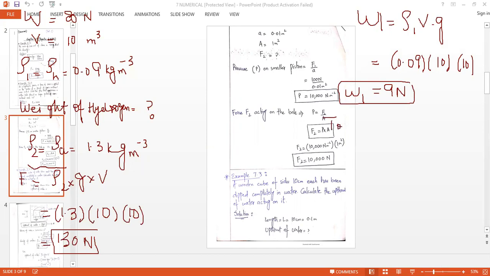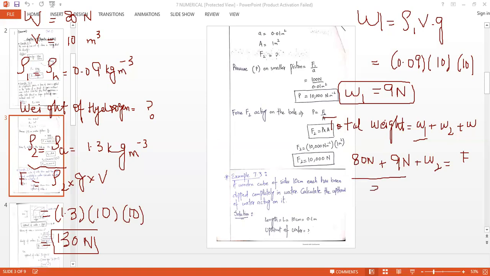Now the total weight must equal W1 plus W2 plus W. The weight W is 80 Newton, W1 equals 9 Newton, and W2 is to be found. The upthrust force is F. So this is equal to 89 Newton plus W2.